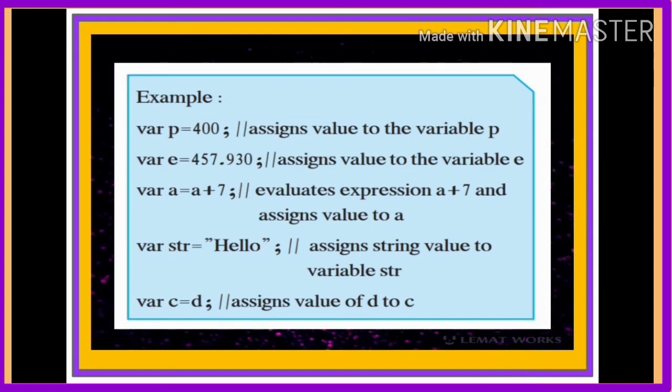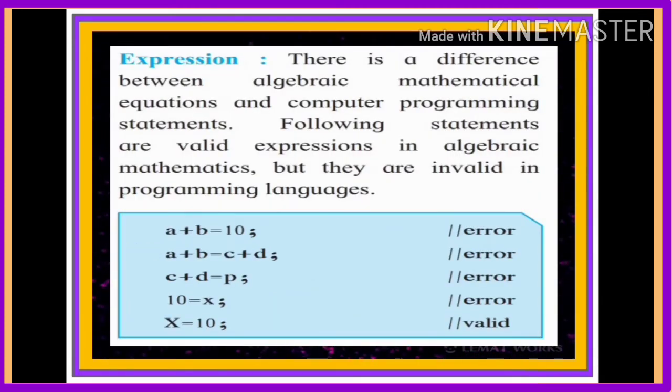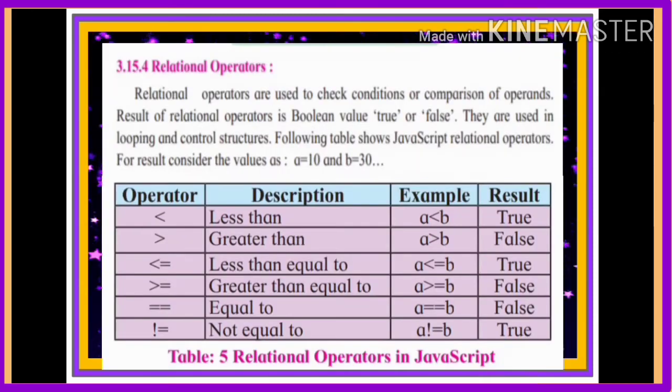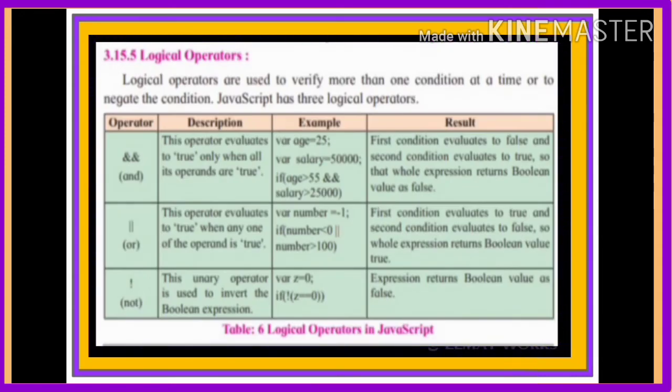In our next part, we will discuss about the expression, computer programming statement. Also, we will see the relational operators used in JavaScript: less than, greater than, less than equal to, greater than equal to, and not equal to. Logical operators also.